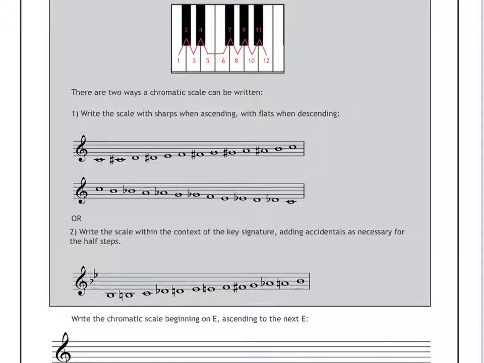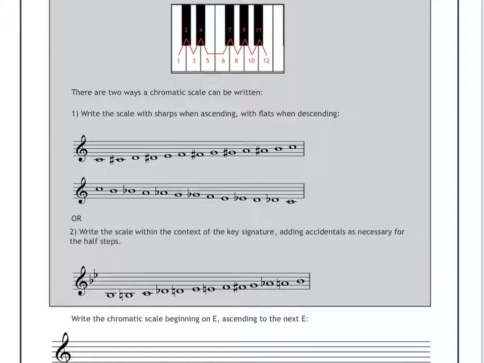Then you're writing E flat, E natural. So in the space of 5 notes, 4 of them have accidentals. Whereas when you ascend, if you use sharp signs, only 2 notes have to use accidentals. It saves a lot of black on the page. It saves a lot of notation that isn't really necessary if you just get comfortable reading sharp signs going up and reading flat signs going down.